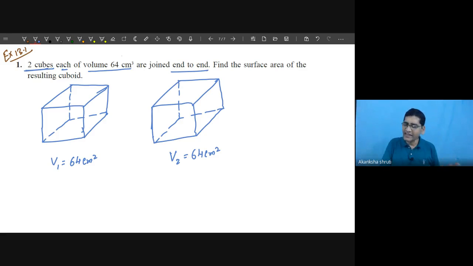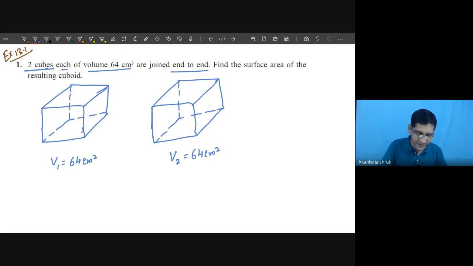They are joined end to end. What do we mean by end to end? Students, it simply means these two are going to be placed one after another. Say it is this one, and a similar kind of another one is going to be placed here.